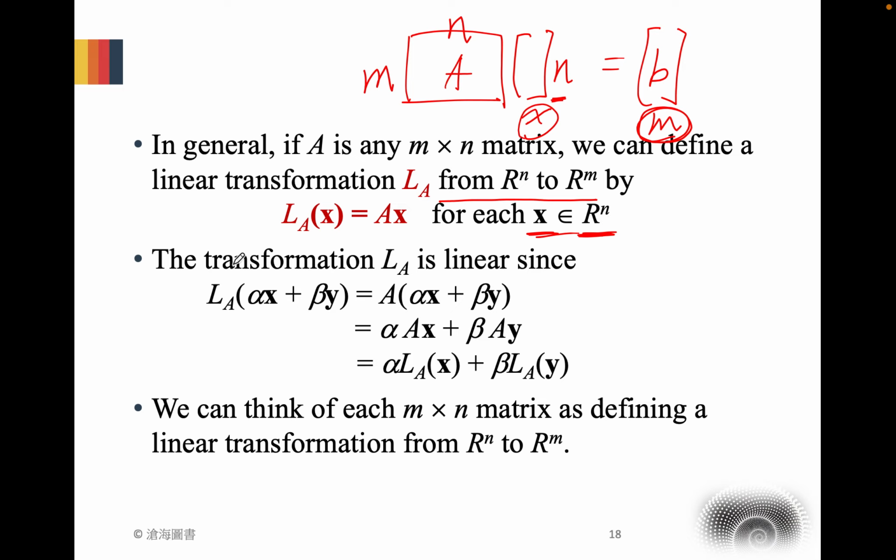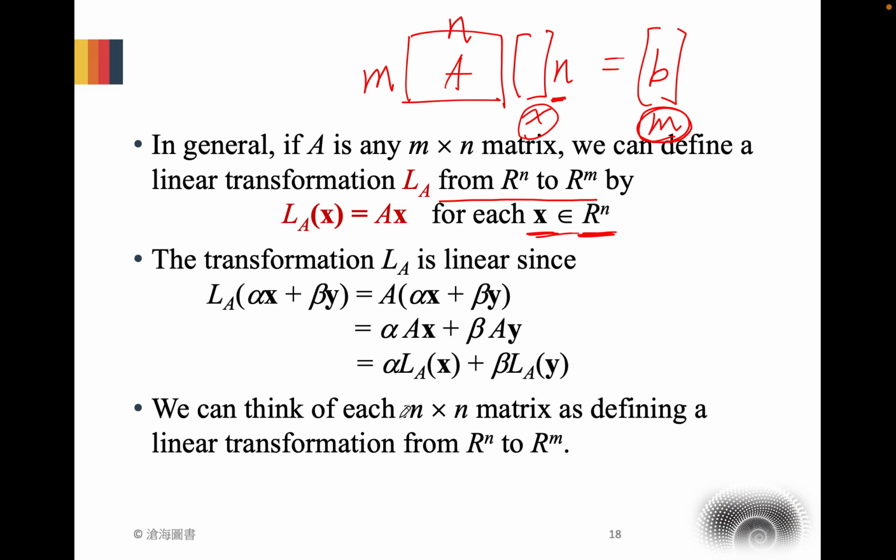And the transformation L_A is linear since L_A of alpha x plus beta y is A times alpha x plus beta y. You can multiply A separately: alpha Ax plus beta Ay, which is equal to alpha L_A x plus beta L_A y.